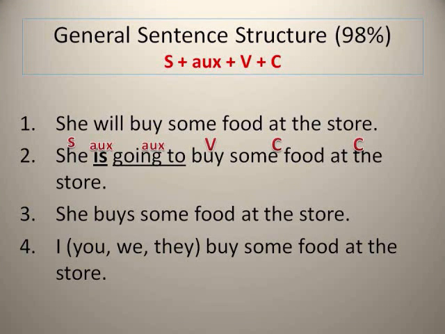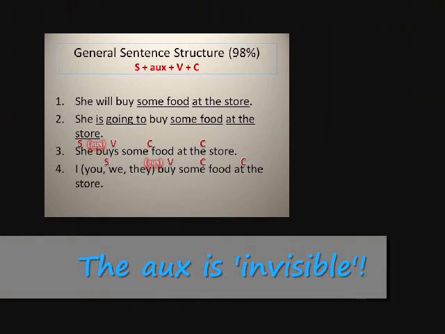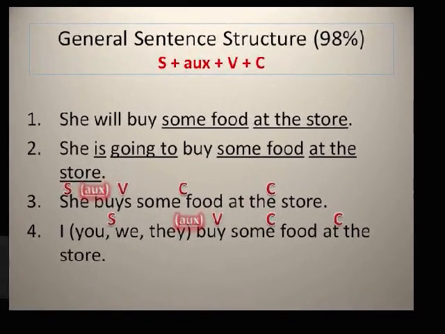Okay, notice there is no auxiliary, or there doesn't seem to be an auxiliary. That's because the auxiliary is invisible. We have she buys in the present and I, you, we, they buy in the present, but no seeming auxiliary.